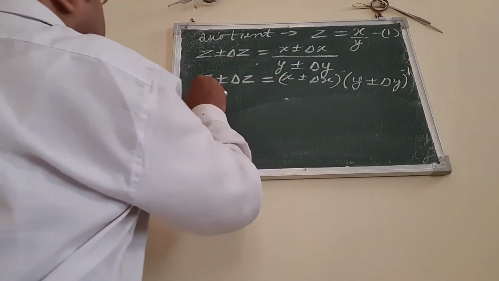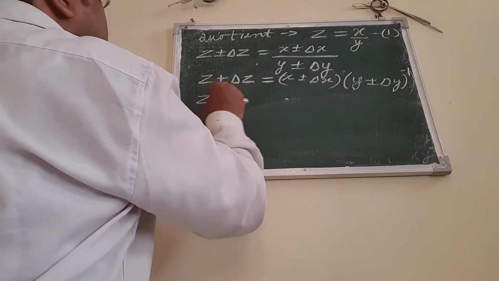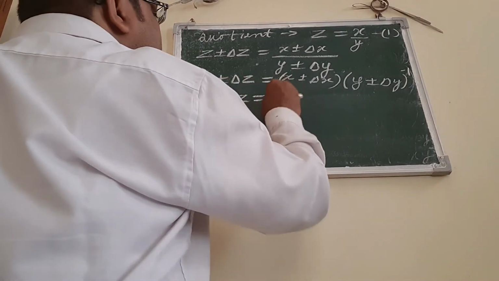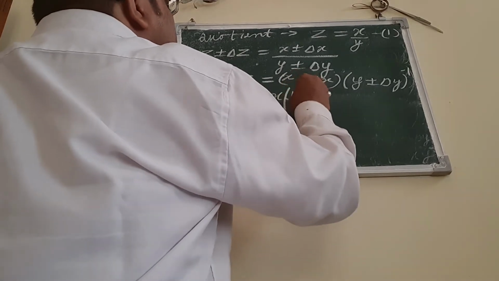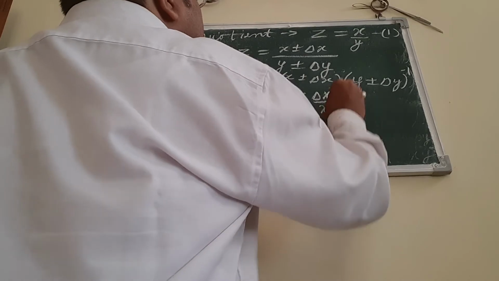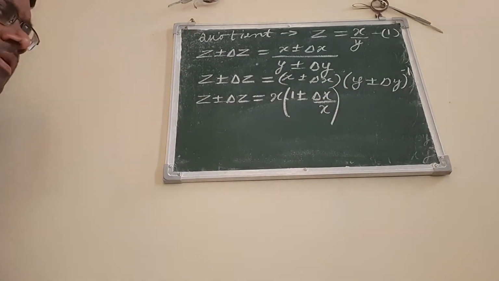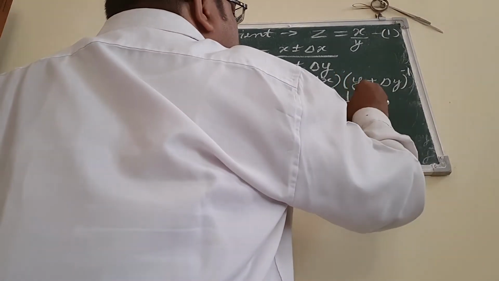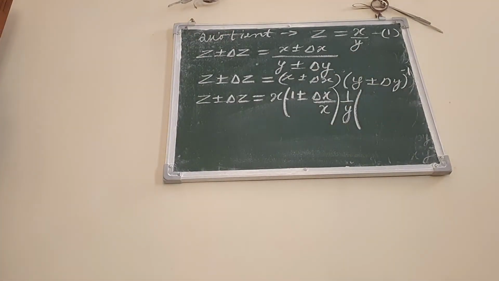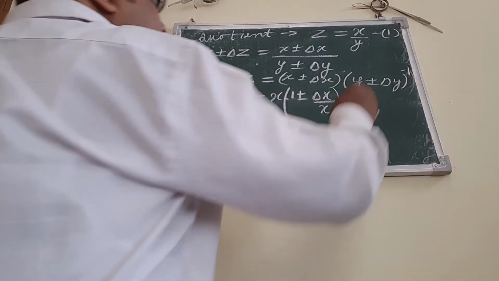So now z plus minus delta z is equal to taking x common from the first bracket, 1 plus minus delta x upon x, taking y common from the second one, so it becomes 1 upon y, because the whole bracket is raised to minus 1.